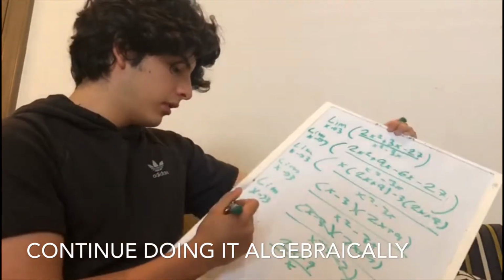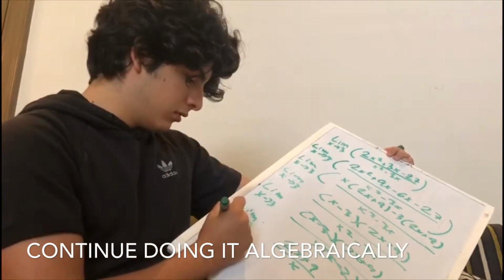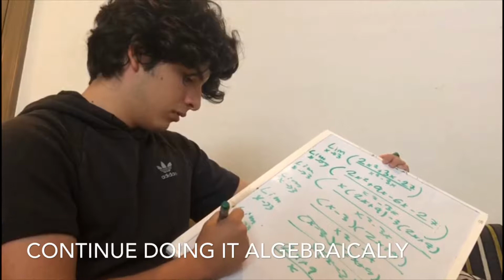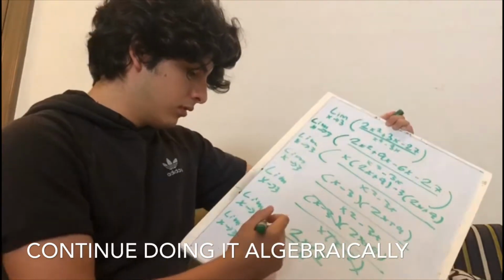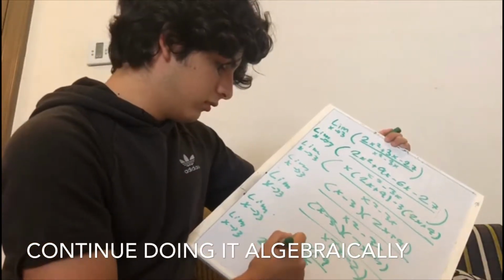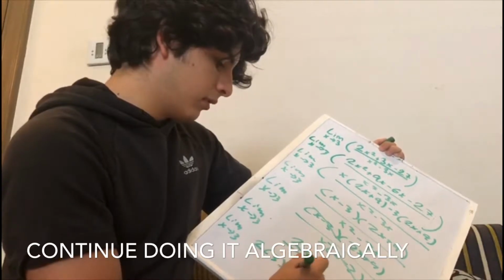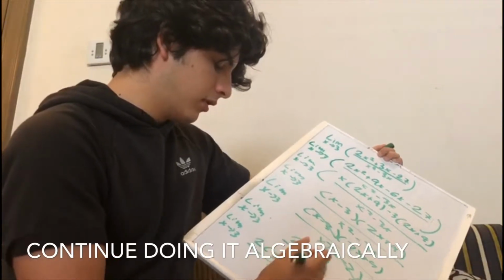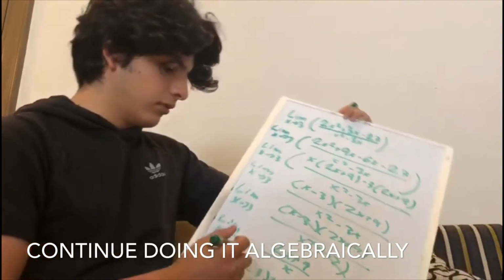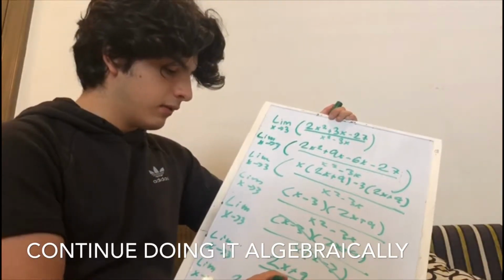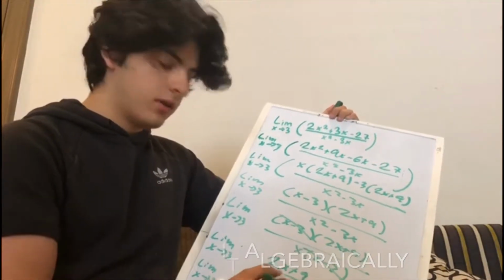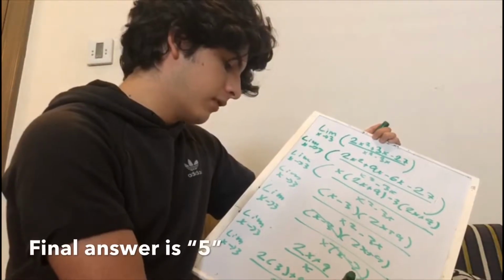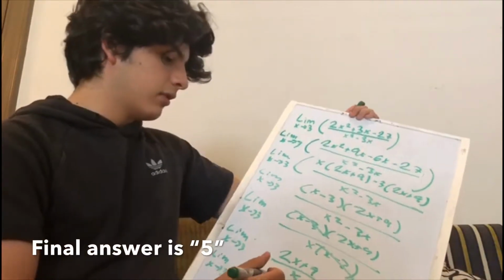We plug in the 3, so it's 2 times 3 plus 9 divided by 3, which equals 6 plus 9, 15 divided by 3, 5, which is the answer.